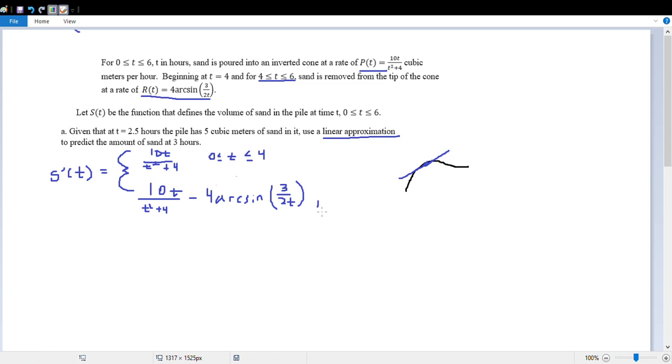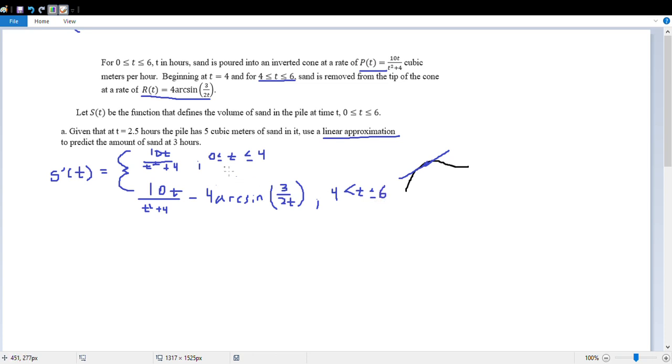But that is going to be only used after 4 hours. So that's going to be from 4 less than t less than or equal to 6.